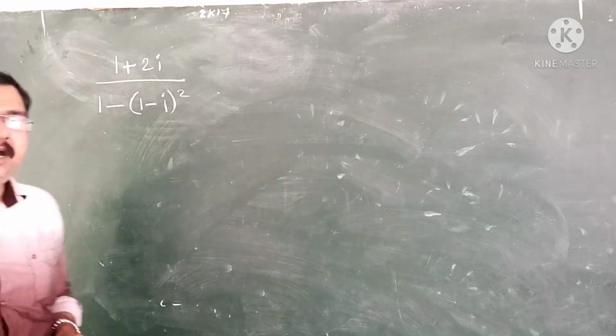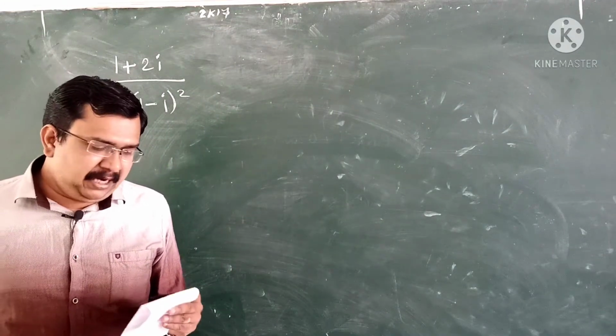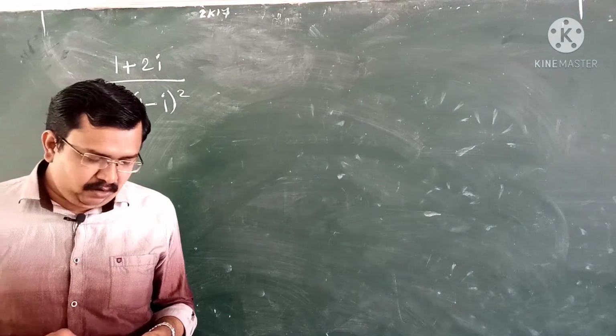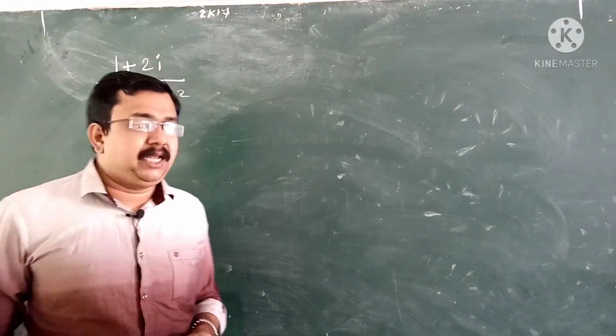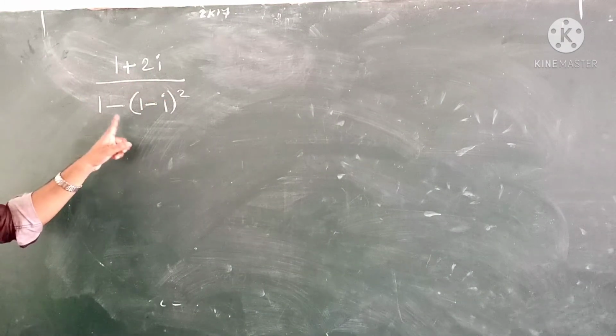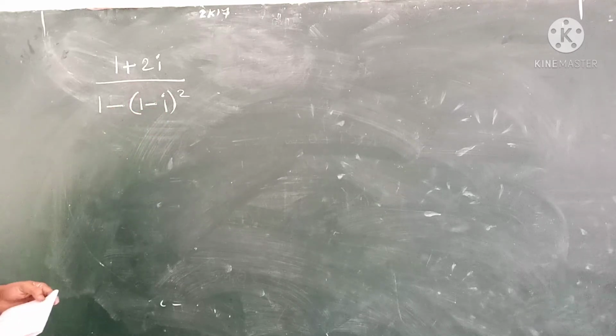We want to find out the modulus, that means r, and principal argument, that means theta. We want to find out the value of r and theta. Our question is 1 plus 2i divided by 1 minus i the whole square.